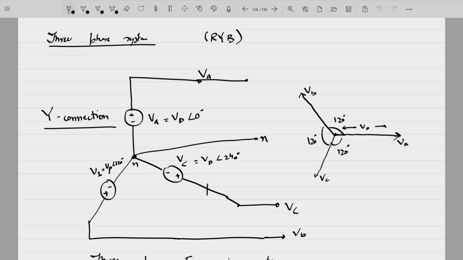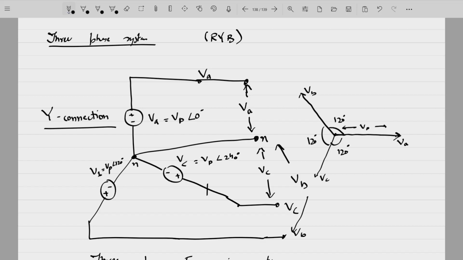So you can see that there is a potential difference, or voltage, between the phase and the neutral connection. In case of a star connection, the potential difference between the phase and the neutral connection will be represented here by VA only, and here it will be VC, and the potential difference between this wire and this wire will be VB.